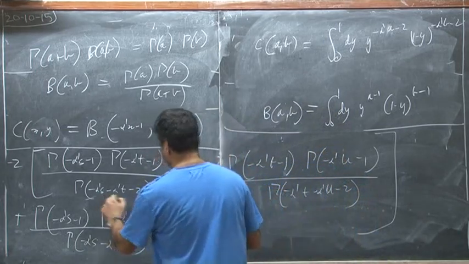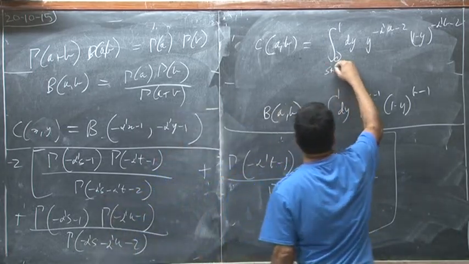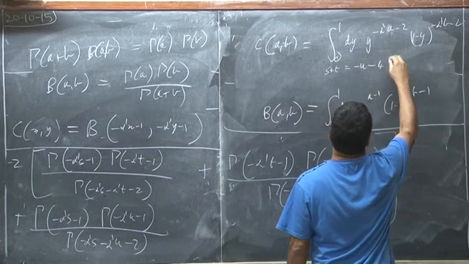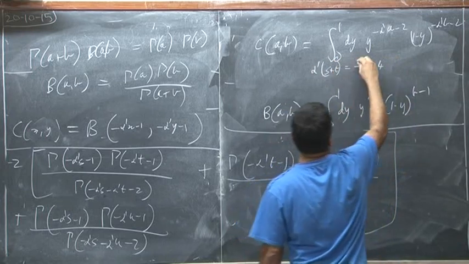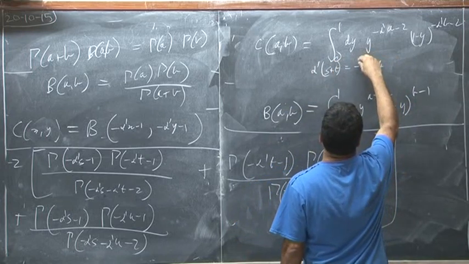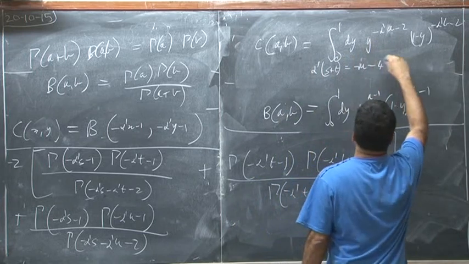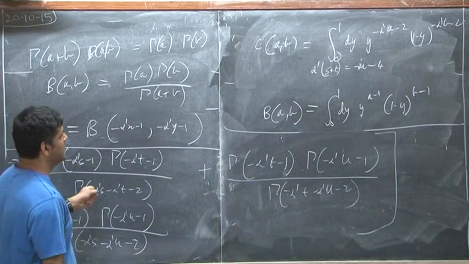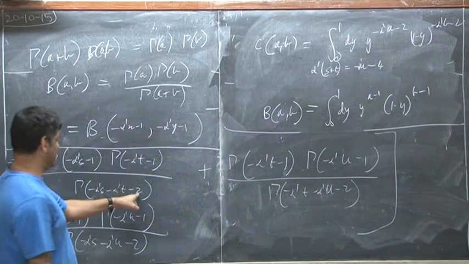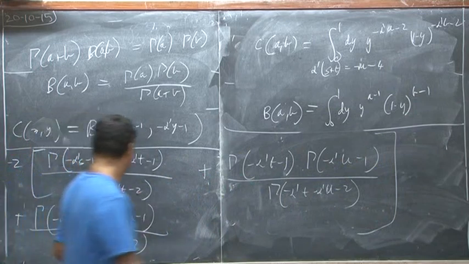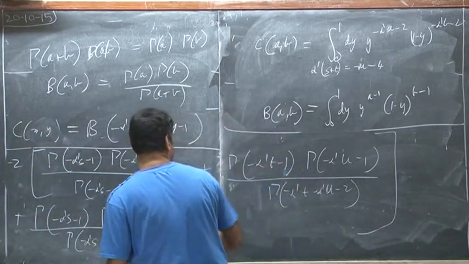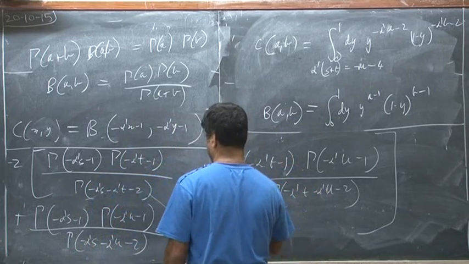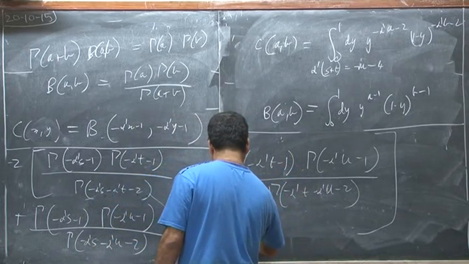For instance, let's take this term, using s plus t is equal to minus u minus 4, so minus alpha prime s minus alpha prime t minus 2 becomes alpha prime u plus 2. So the 2 will become a plus 2. So this could be written as gamma of alpha prime u plus 2.